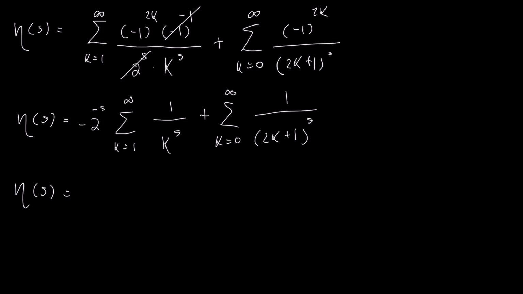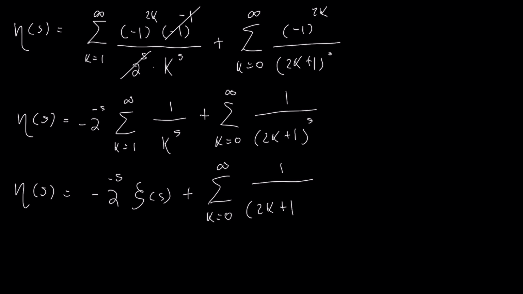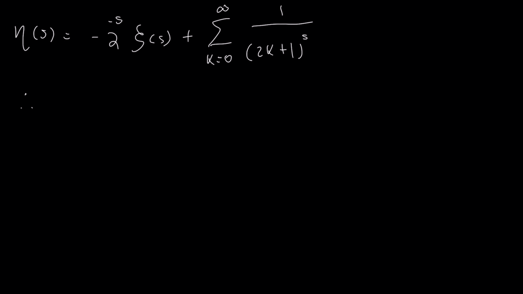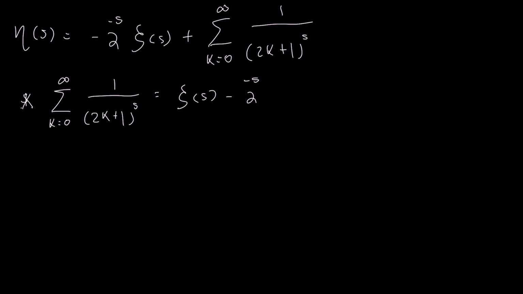So we have eta s is negative 2 to the negative s zeta s, and plus the sum from 0 to infinity, 1 over 2k plus 1 to the s power. But recall that our little star, that the sum from 0 to infinity, 1 over 2k plus 1 to the s, was defined to be zeta s minus 2 to the negative s zeta s.